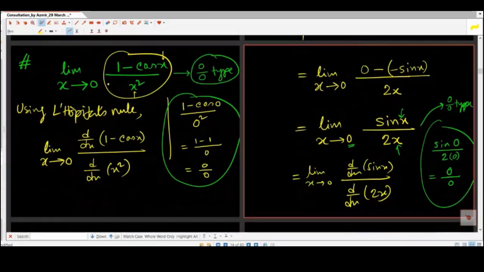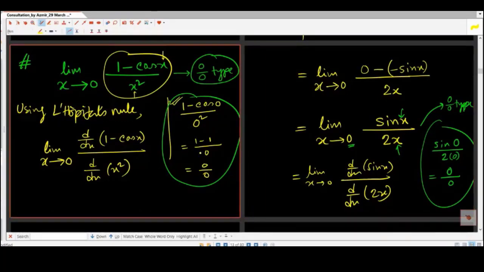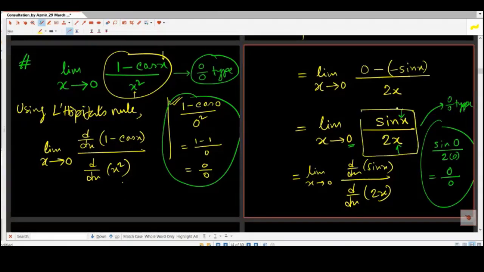So in this example, you have seen that initially we checked whether it is of 0 by 0 or infinity by infinity type or not. So we are sure that this is 0 over 0 type. So that means we can apply L'Hopital rule. L'Hopital's rule says that whenever we have 0 over 0 or infinity over infinity, in that case we can differentiate both f of x and g of x separately. And then we have found this.